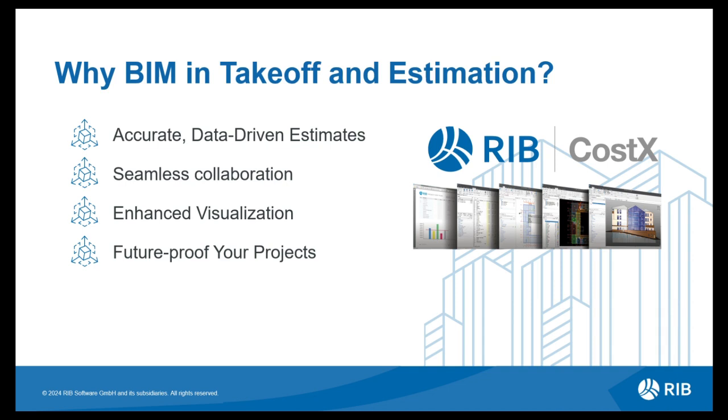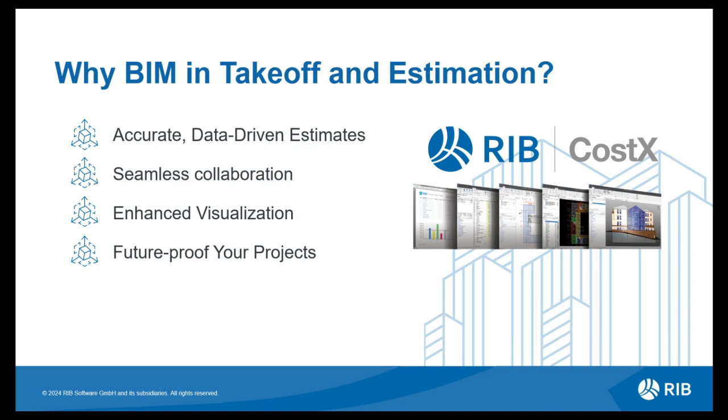In the fast-moving world of construction, staying ahead means using tools that make life easier and projects more efficient. BIM is one of those tools, transforming how projects are planned, built, and delivered. And with RIB CostX, you can really unlock the power of how BIM can streamline your estimating and takeoff processes. So what are the benefits of BIM paired with CostX? Accurate data-driven estimates. Being able to extract detailed quantities straight from the 3D models with automatic updates as design changes.